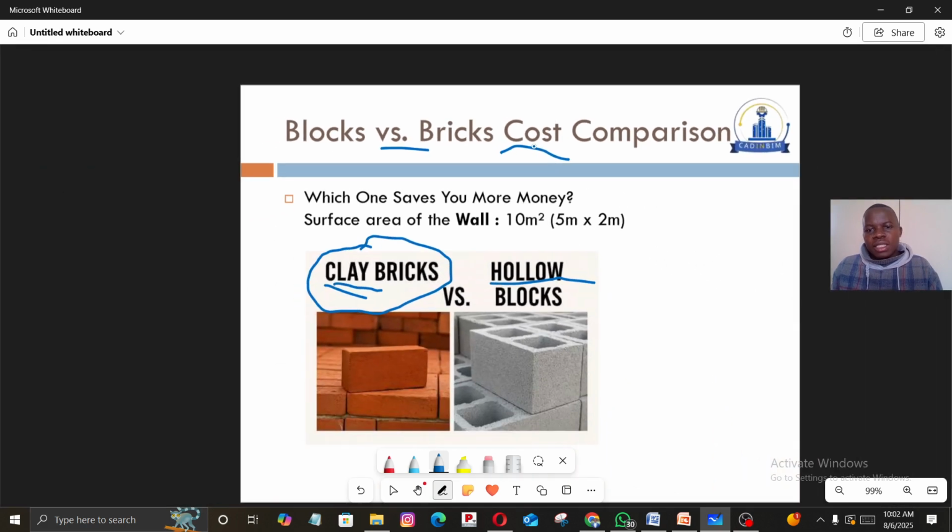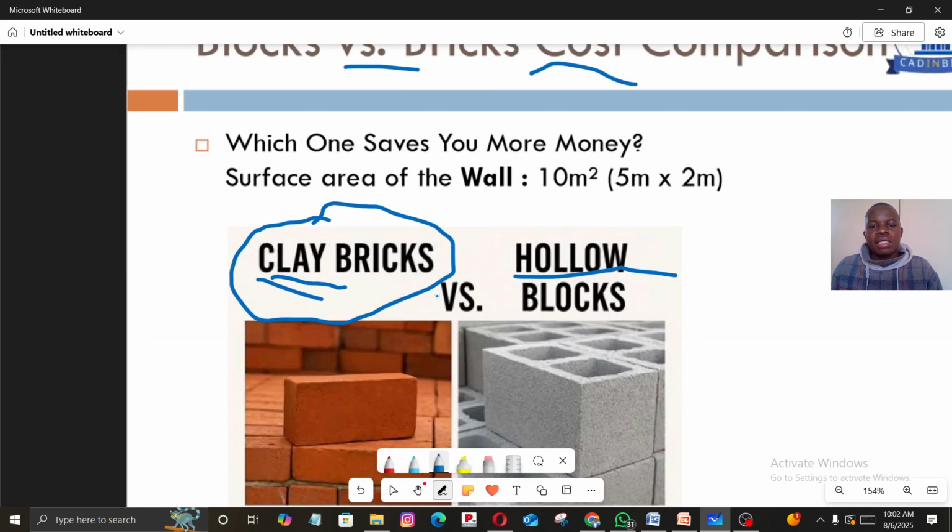So, without wasting your time, let's get started. Assume you are a construction professional, either an engineer, an architect, or even a construction manager, and you are asked by a client who is not sure whether to choose clay bricks or hollow concrete blocks.